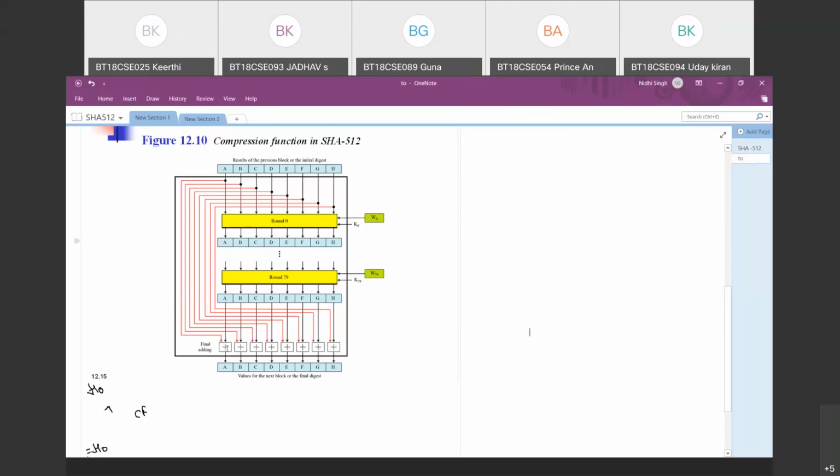After the addition, the last buffer value will be created, which is again 512 bits, and that is called the final message digest or hash code.